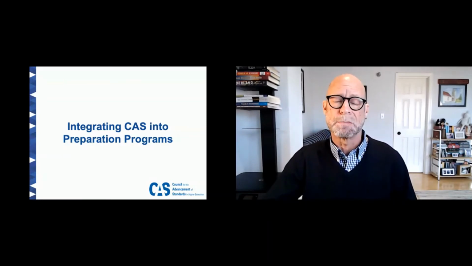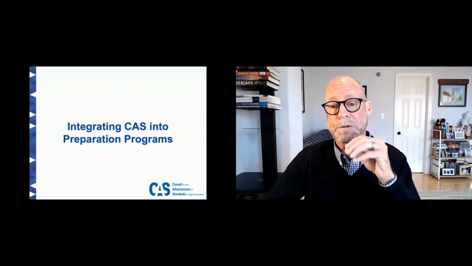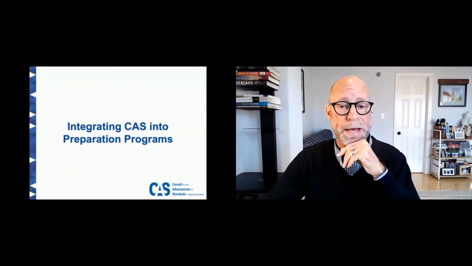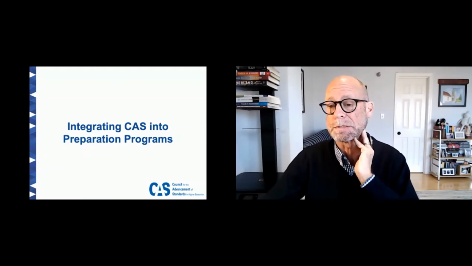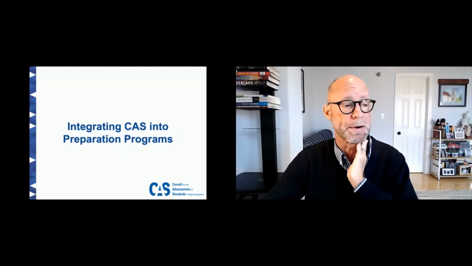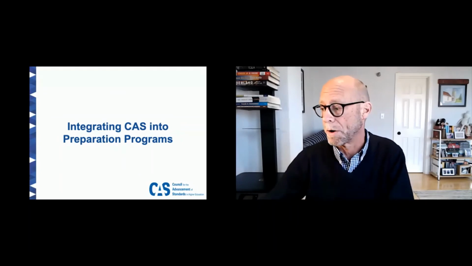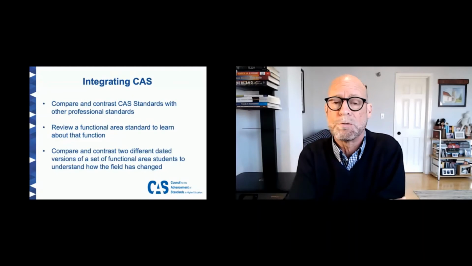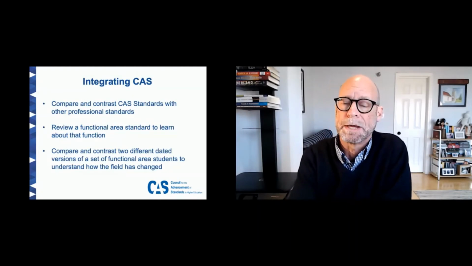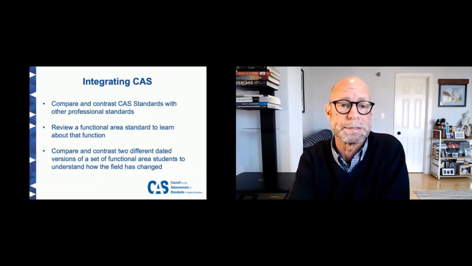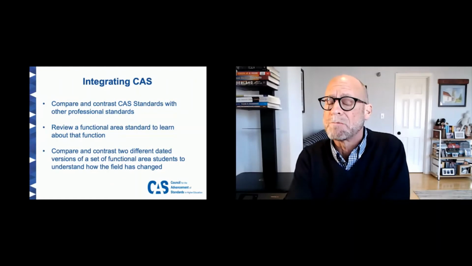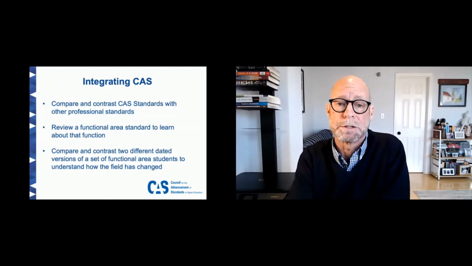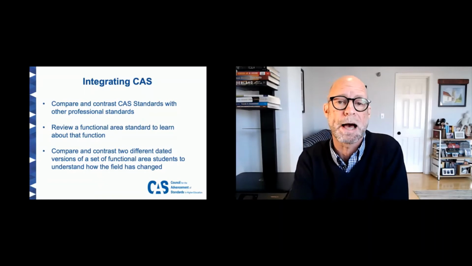So let's take a look at some of the options. For this resource, we did a survey and asked folks to share their ideas about how they're integrating CAS throughout their programs. So here are a few ideas, and I'm hoping to hear from you all about some additional ideas. If there's a conversation regarding professional standards, it could be individual association standards, perhaps even the ACPA and NASPA professional competencies, the CAS professional competencies.